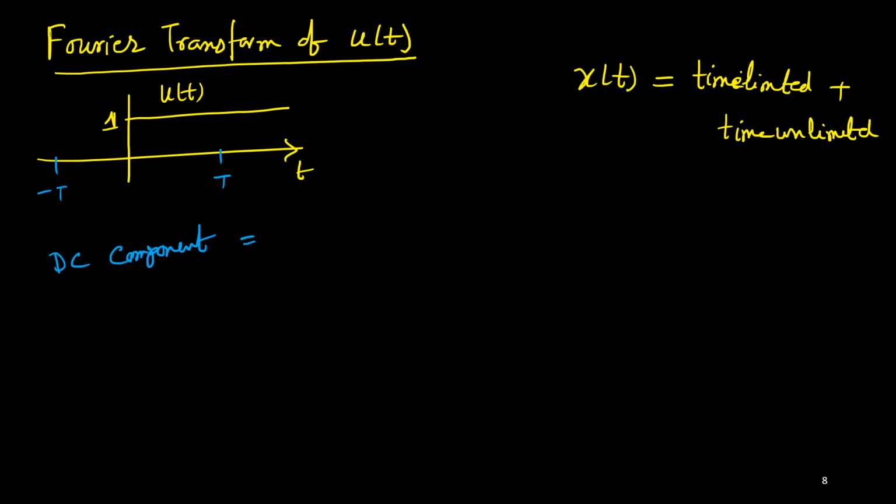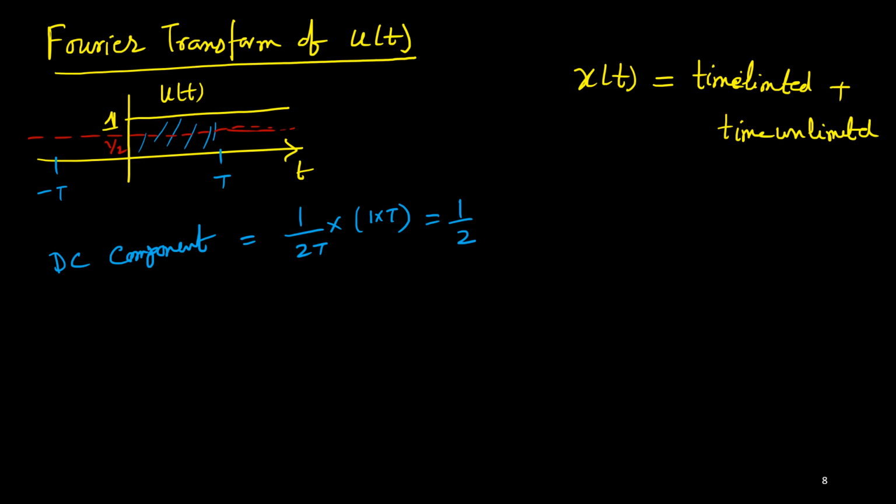Okay, so this total duration is 2t. Now area is only this one, 1 into t. So average value is simply half. So half is the average value for this one. So I need to subtract this half.